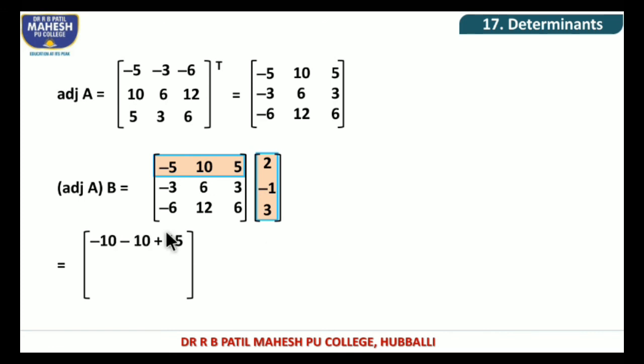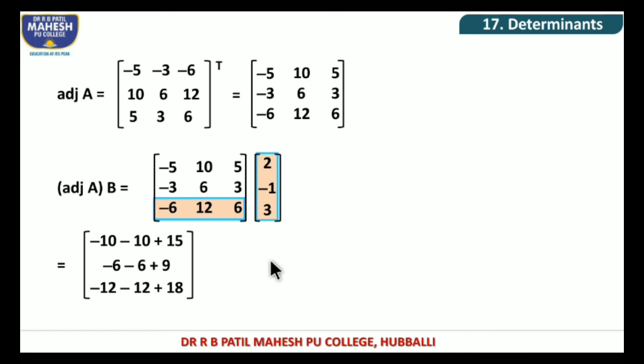For the multiplication you have to consider the first row and the first column. Therefore, we have minus 10 plus 15, and now multiply the second row and this column. We have minus 6 plus 9, and for the third row and column we have minus 12 plus 18.